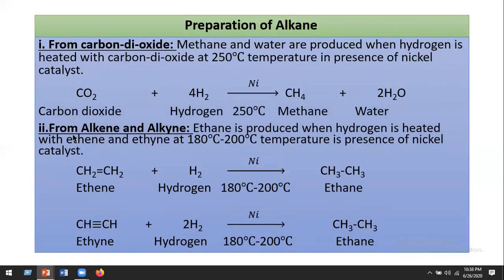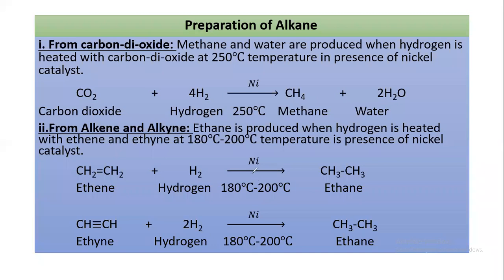Number 2, from alkene and alkyne. This reaction is known as hydrogenation reaction, addition of hydrogen. When hydrogen reacts with ethene in presence of nickel catalyst at 180 to 200 degrees Celsius temperature, then we'll get ethane.